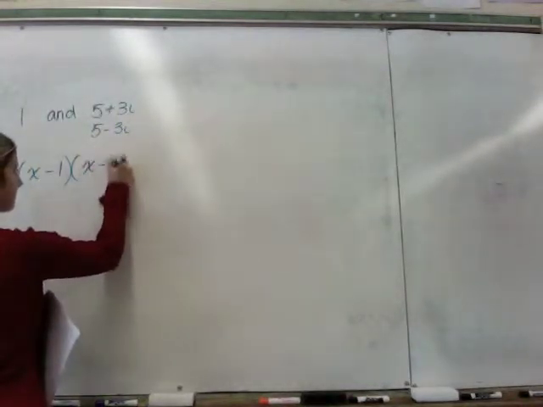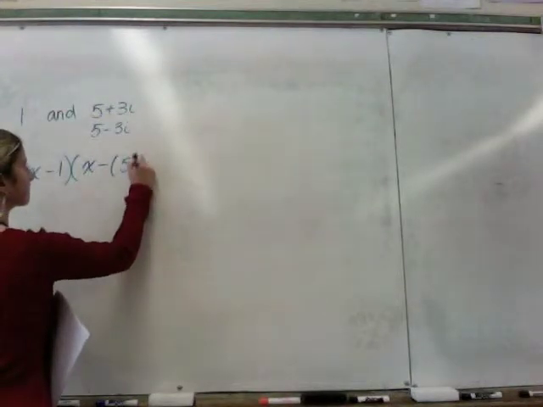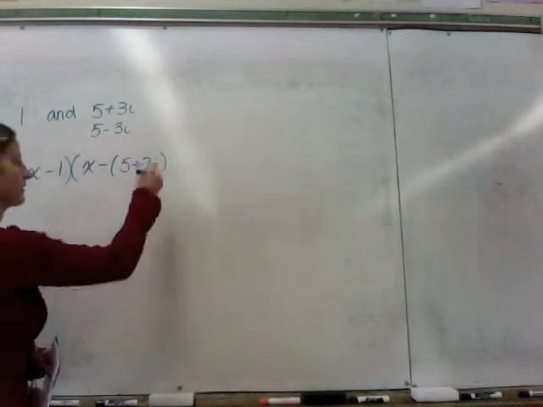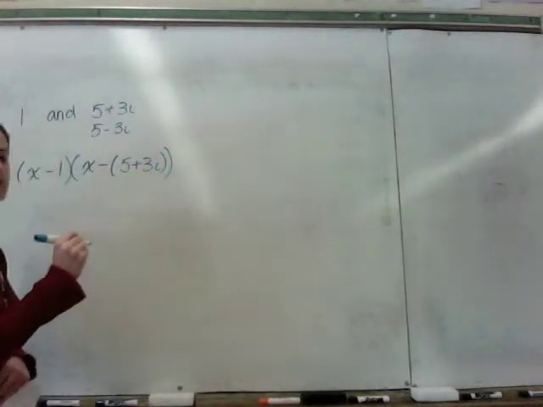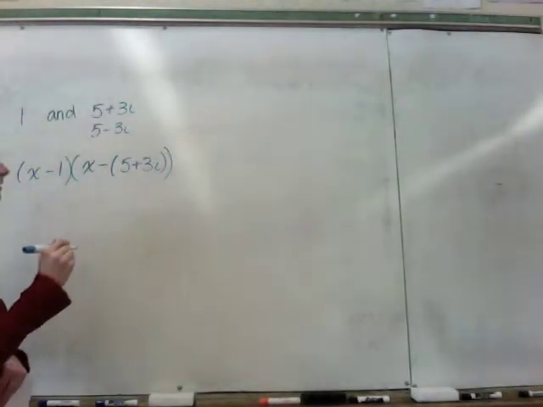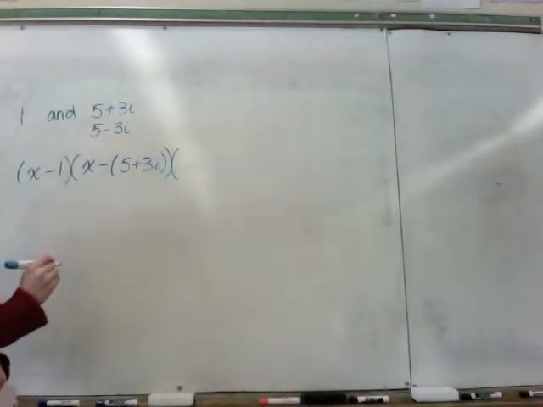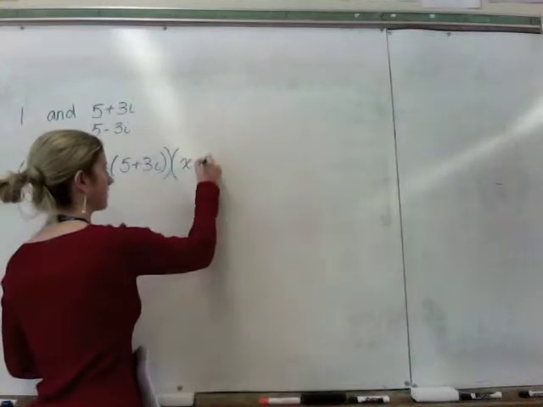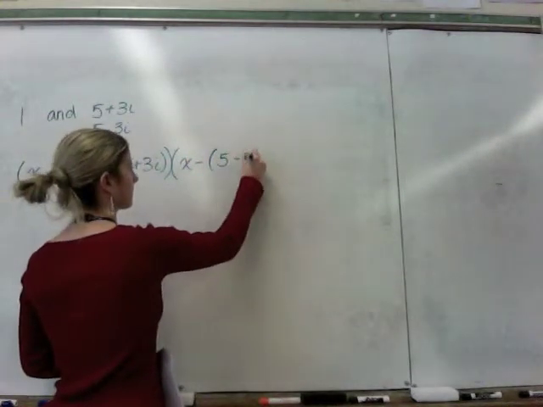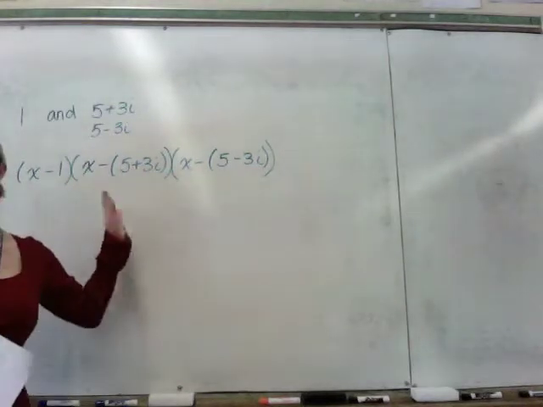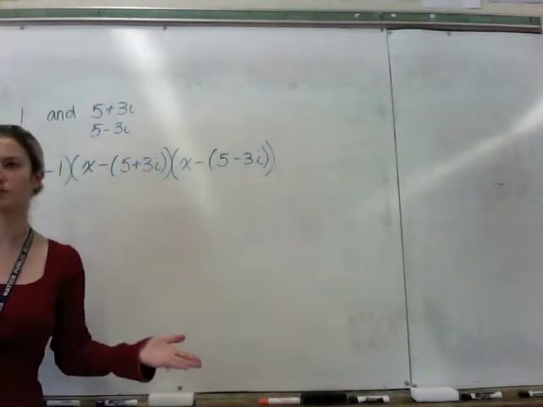Good. And then the same thing, but instead of 5 plus 3i it's 5 minus 3i. Very good. Okay? Because these are its factors. So remember, it's always x minus and then the 0. That's what you put there.